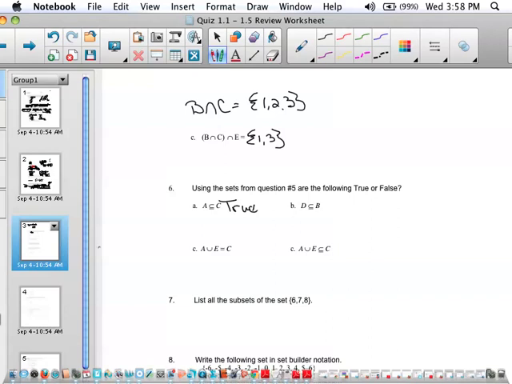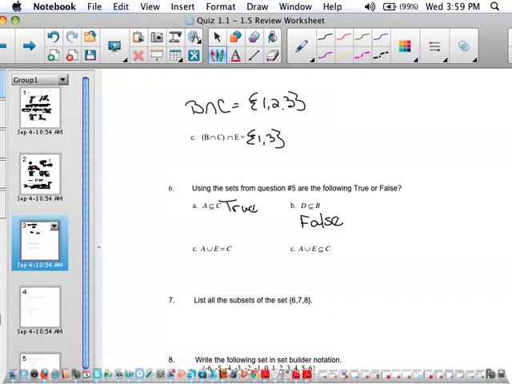If you look at B, every element in D must be in B, and that one would be false because D contains those fractions, and B is the set of integers, which does not contain fractions.